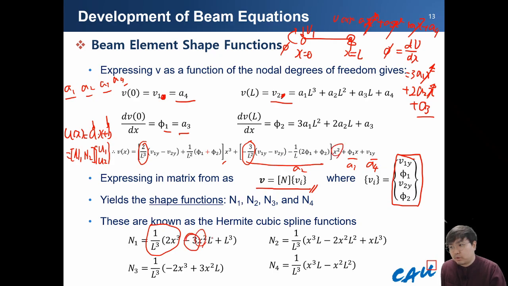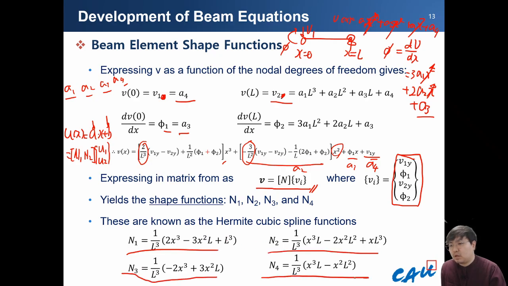And where is theta 1? There is v1, so we can have 1, but due to this coefficient, this becomes L square. So you can obtain this. These are the shape functions of the beam element.